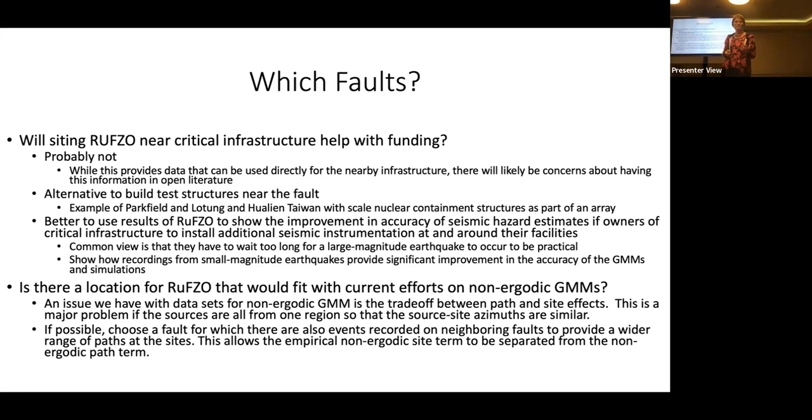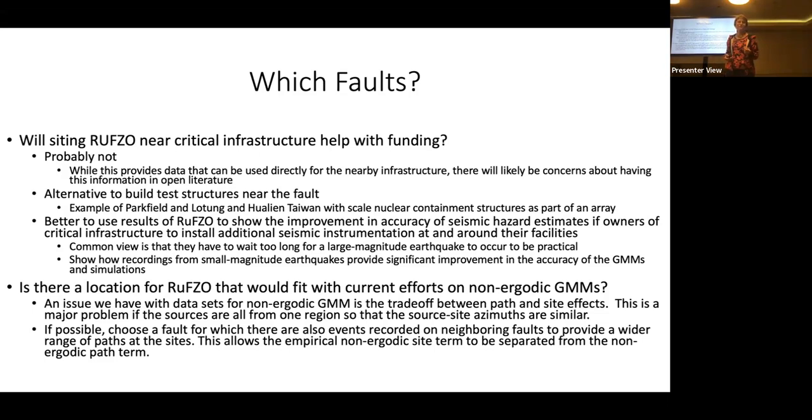My thinking was, if we site some of the RuFZO instrumentation near high value or critical infrastructure, will that help get us funding for this whole thing? And his answer was quite interesting. He said probably not. And the reason is that while that would provide data that could be used directly for those types of infrastructure, there would be concerns about having it publicly available.